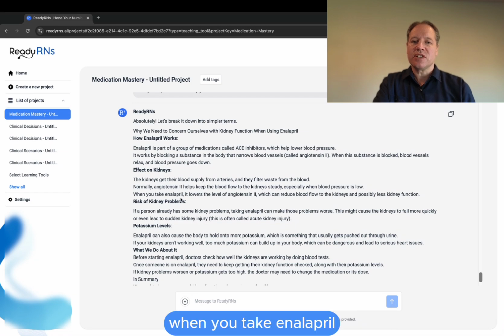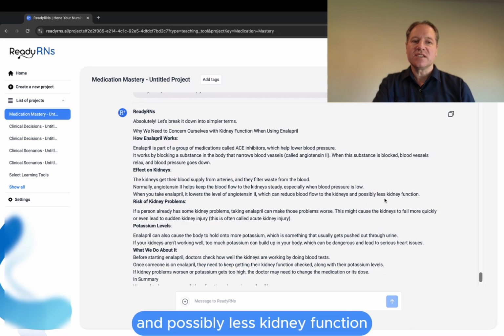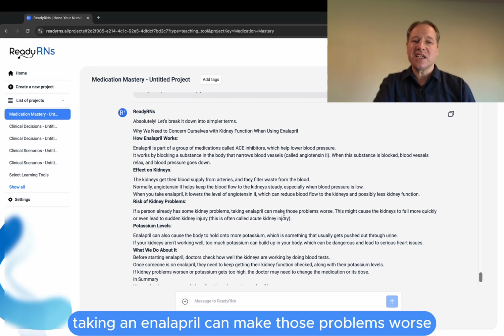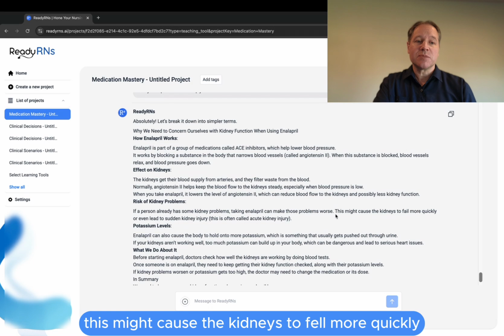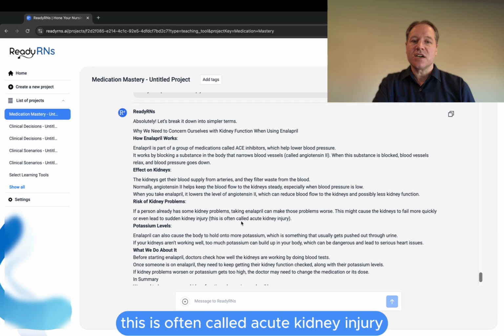When you take enalapril, it lowers the level of angiotensin 2, which can reduce blood flow to the kidneys and possibly lessen kidney function. If a person already has some kidney problems, taking enalapril can make those problems worse. This might cause the kidneys to fail more quickly or even lead to sudden kidney injury. This is often called acute kidney injury.